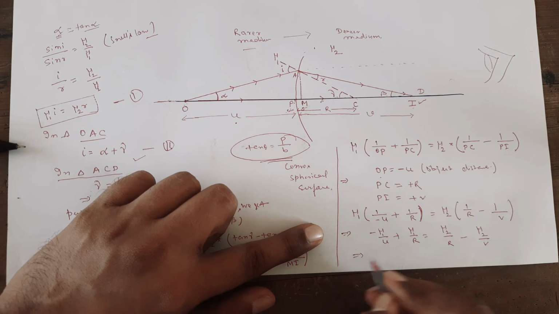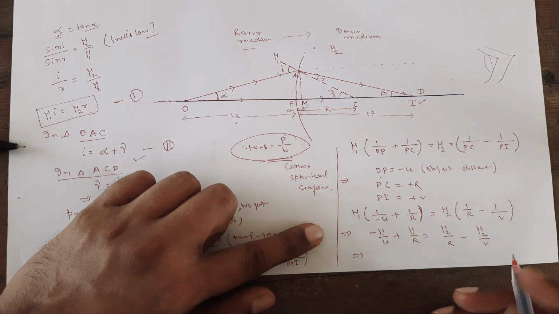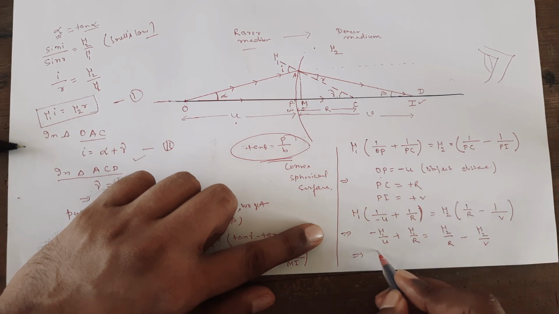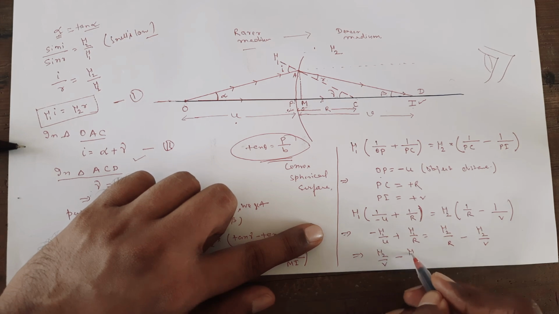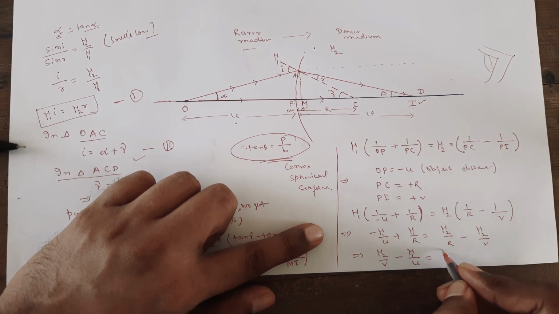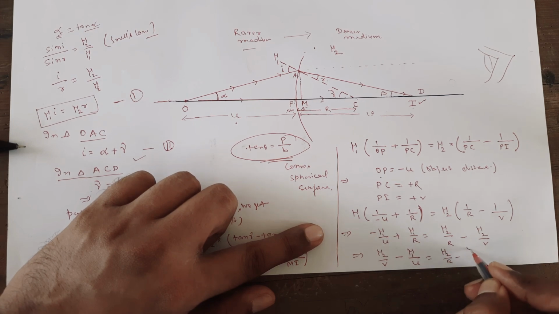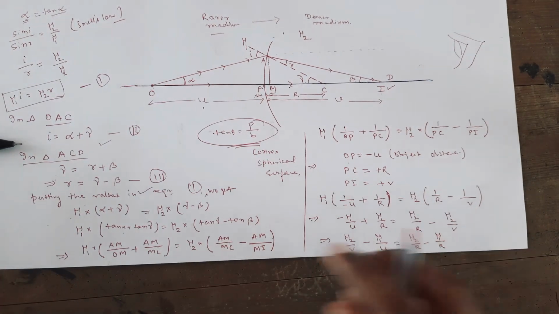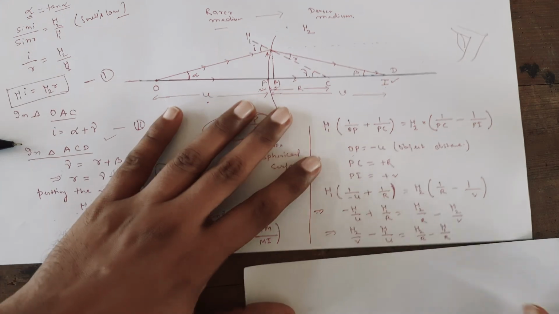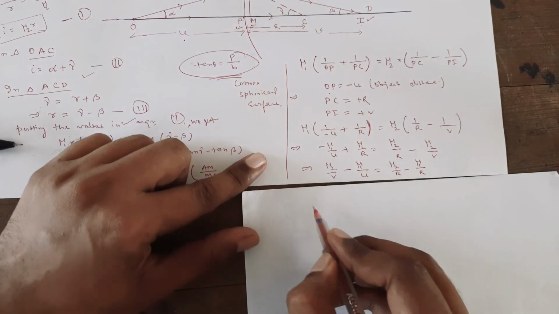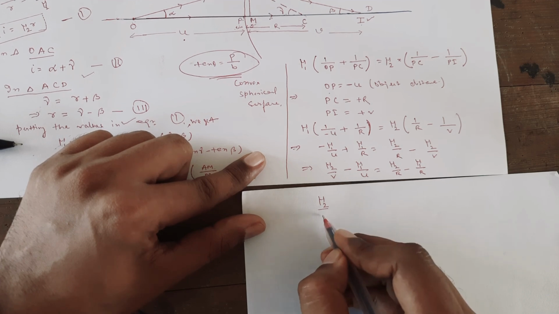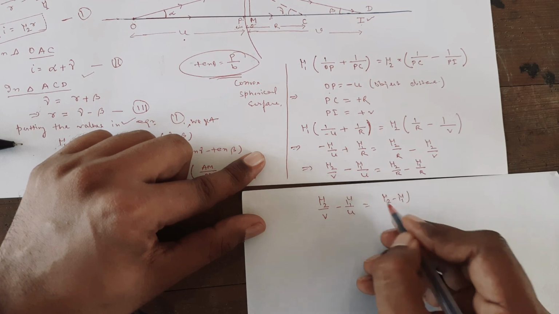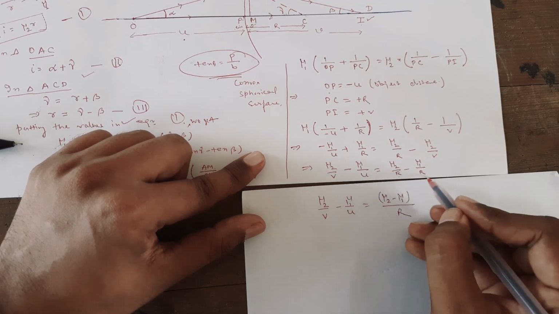We will get minus mu1 by u plus mu1 by R equals mu2 by R minus mu2 by v. The v and u terms are to be kept on the left side of the equal sign. So we will get mu2 by v minus mu1 by u equals mu2 by R minus mu1 by R. See the expression: mu2 by v minus mu1 by u is equal to mu2 minus mu1 divided by R, because the denominators are the same.